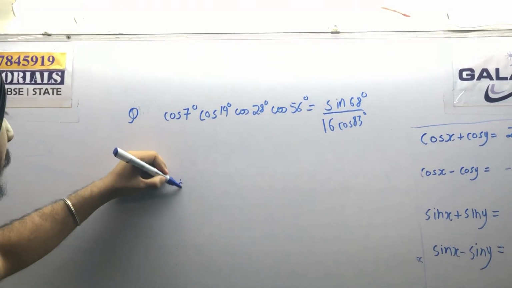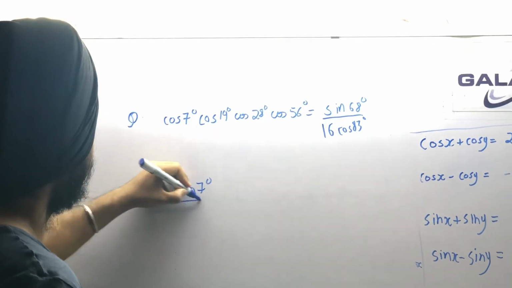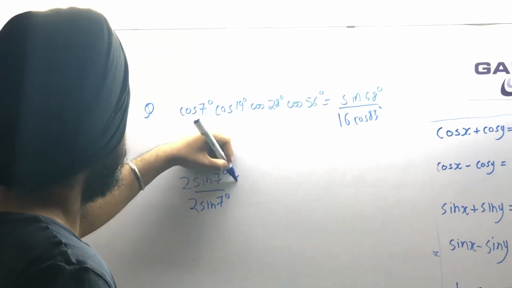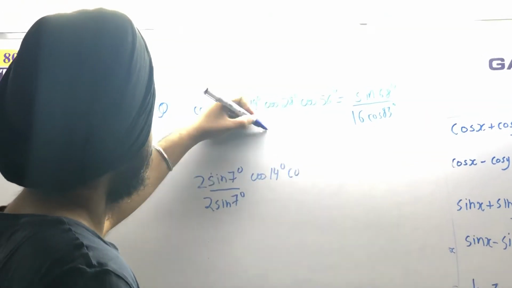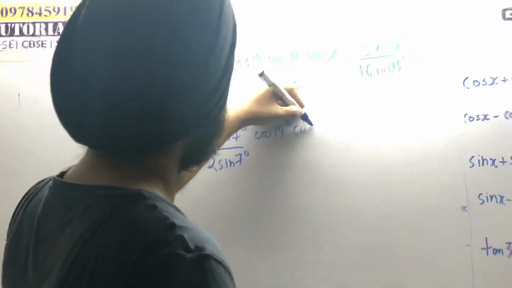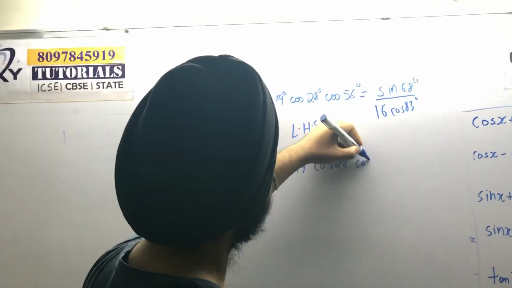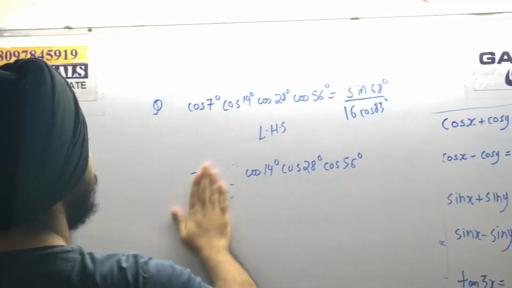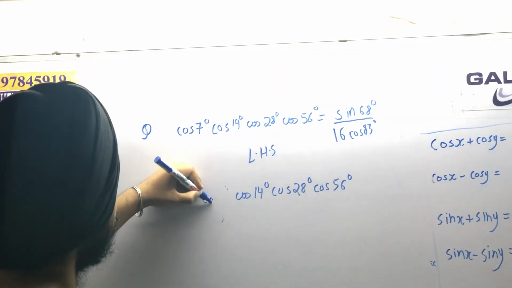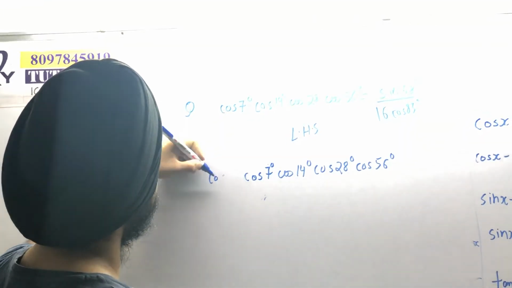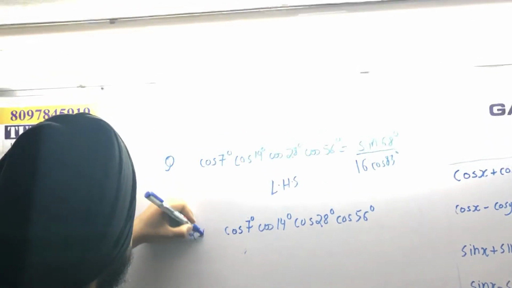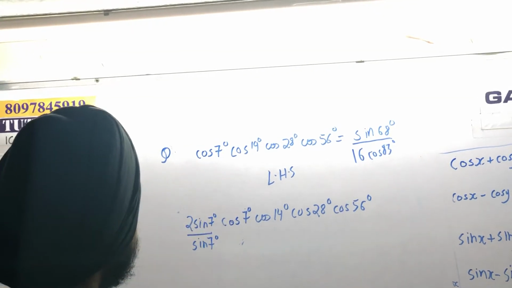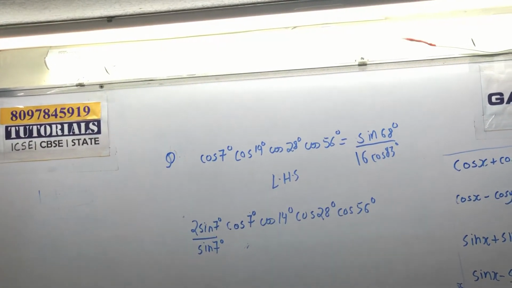So what comes to my mind is I will multiply by sine 7 and divide by sine 7. Sorry, I forgot to write the degrees.